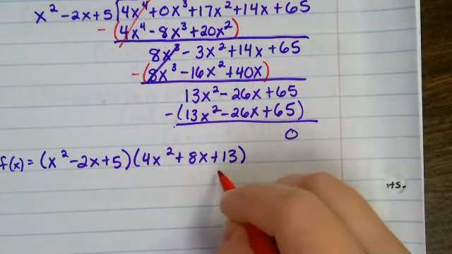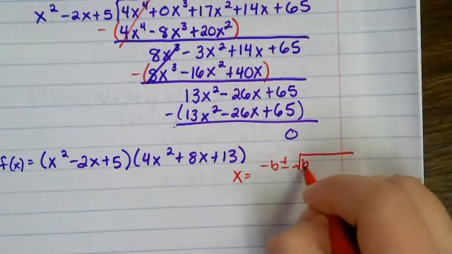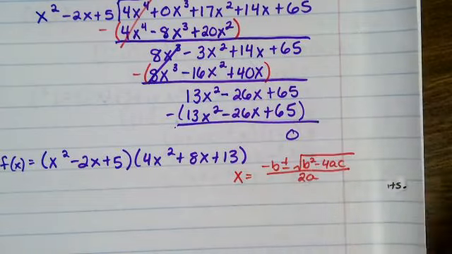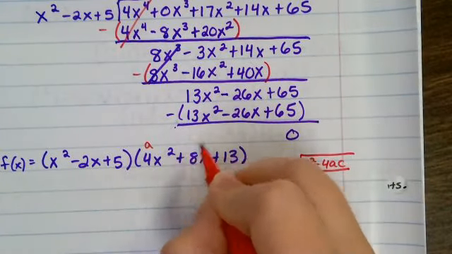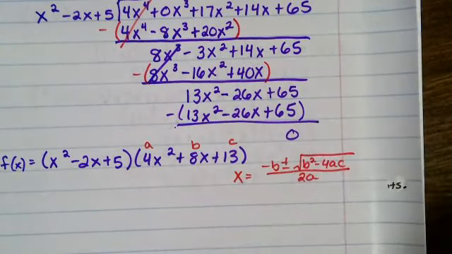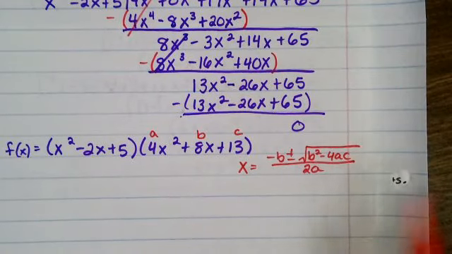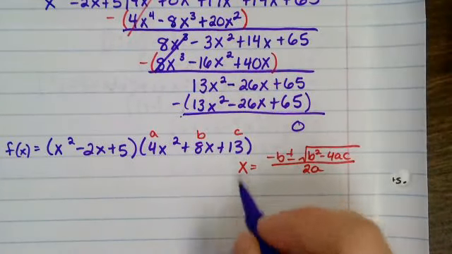Remember, that is x equals negative b plus or minus the square root of b squared minus 4ac, all over 2a. In this situation, this is a, b, and c. So we're going to plug those into our quadratic formula and see what we get.